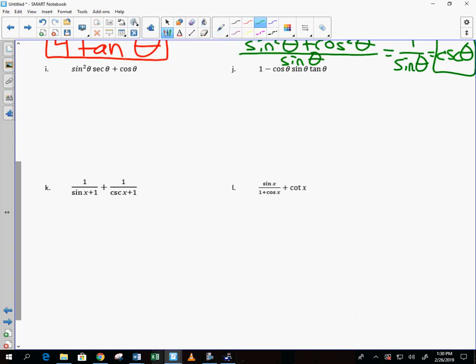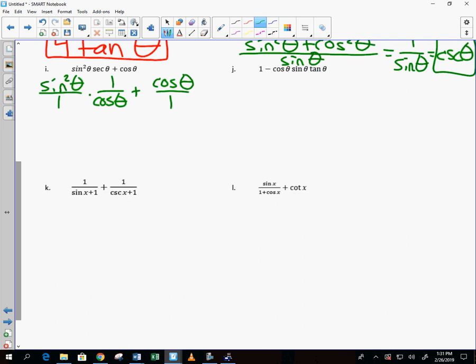All right, here we go. Sine squared times secant plus cosine. Similar type of problem. I'm going to write it as sine squared of theta over 1 times 1 over cosine of theta plus cosine of theta over 1. What do you like? The sine squared. We like the sine squared. What would be nice to have with the sine squared? A cosine squared.